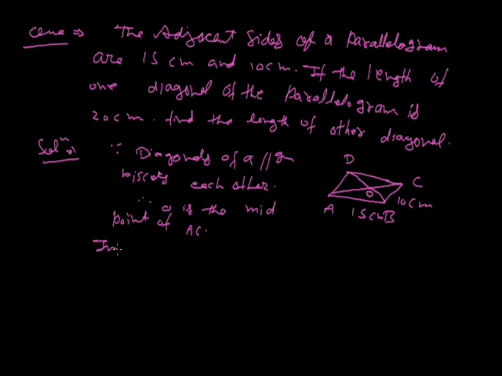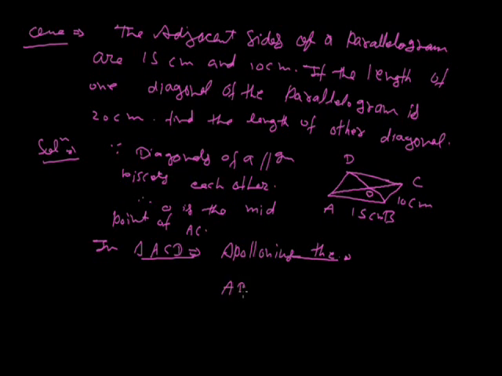So now I have a triangle. The triangle is ACD. In triangle ACD, O is the midpoint, so DO will be the median. So I'm going to use Apollonius theorem. By Apollonius theorem, the sum of squares of two sides is equal to 2 times the sum of the square of the median drawn to the third side and half of the third side.